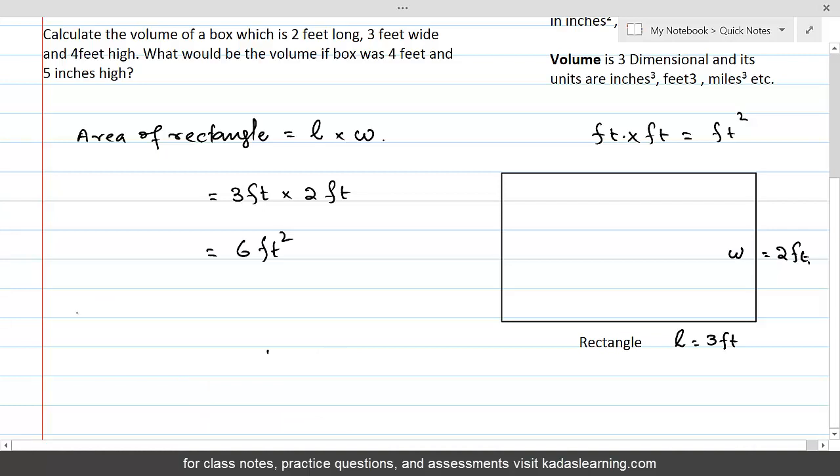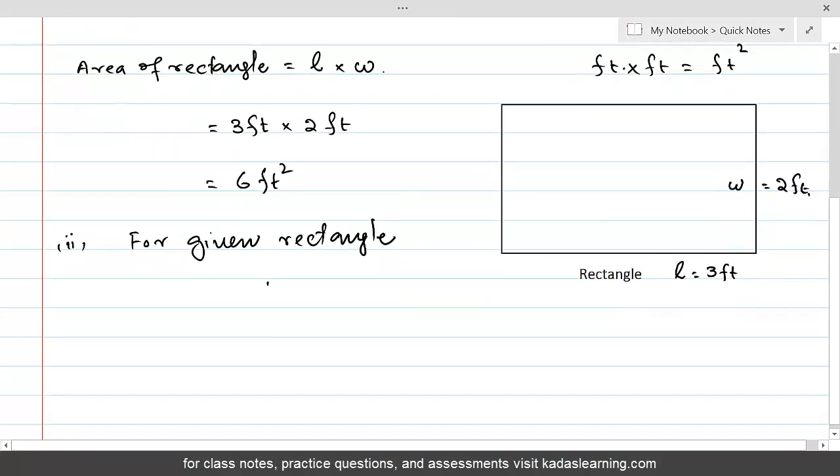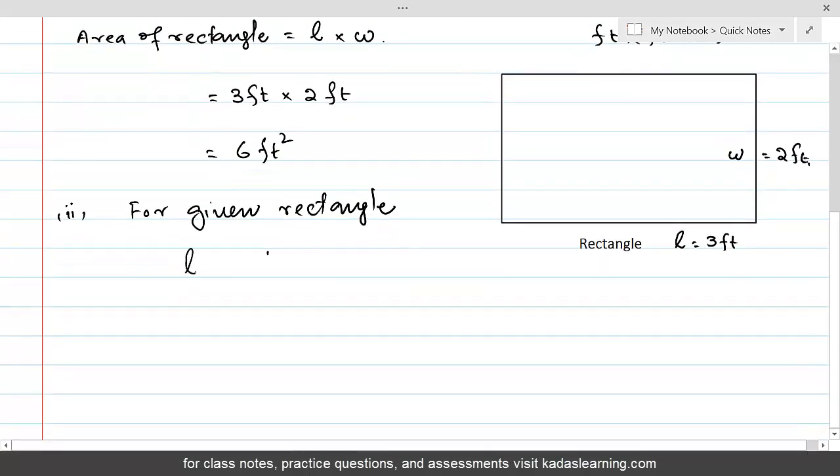Now we have another rectangle in which the length this time is given equal to 1.7 feet and width is given equal to 9 inches. Here you take a look at the units being used.